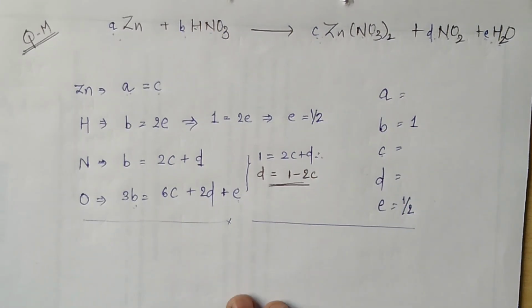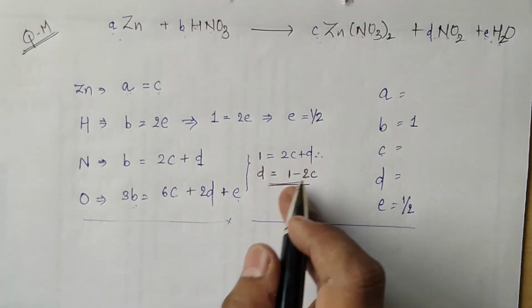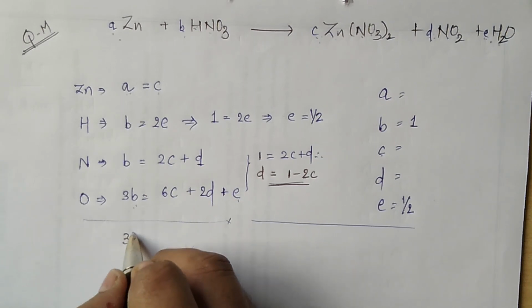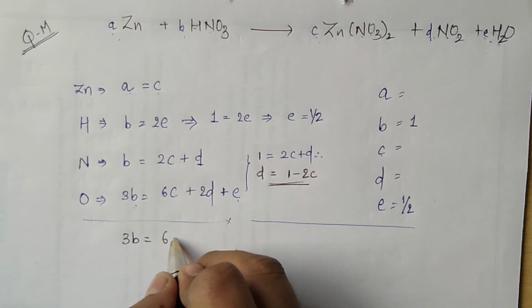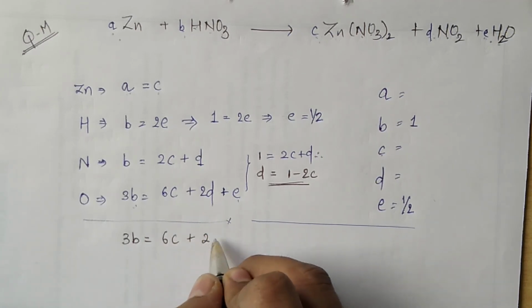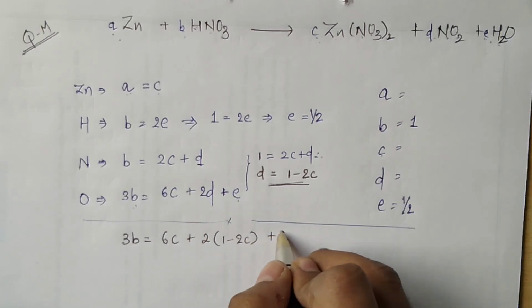Alright, simple maths. Now substitute this value in this equation. 3B is equal to 6C plus 2, 1 minus 2C plus E.